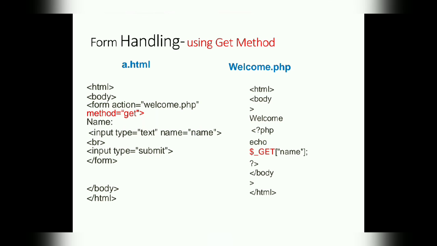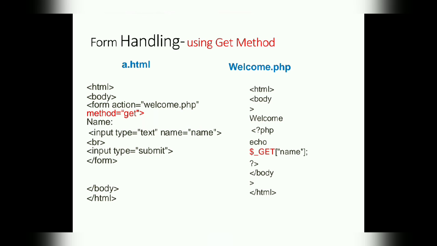Okay, and the welcome script will start with $_POST, that is POST, and in that the name variable. Name will post the value that you are entering via HTML page or web page.